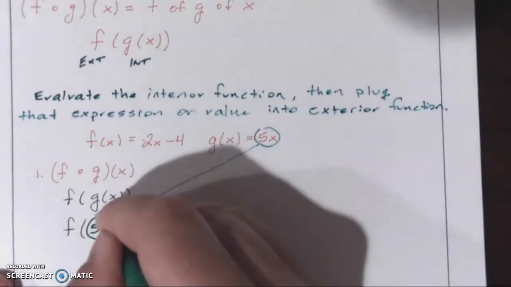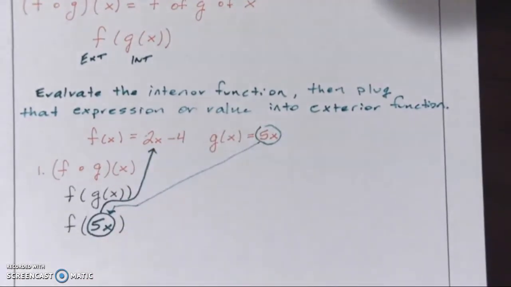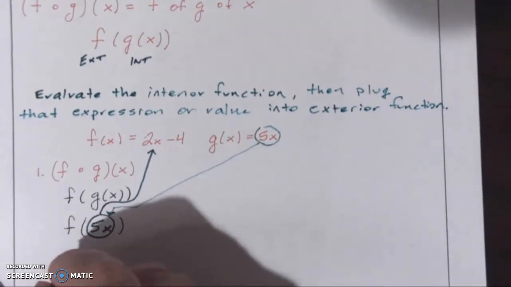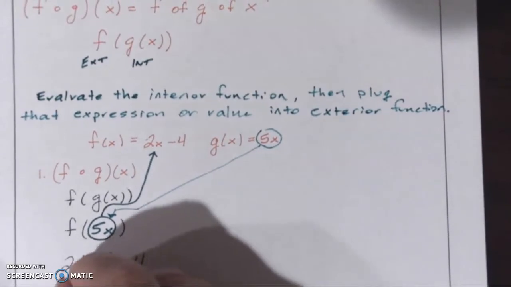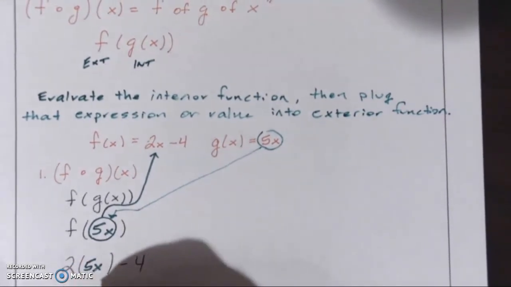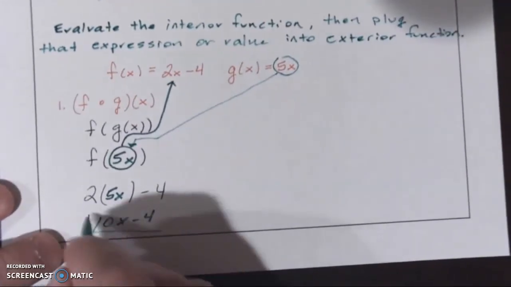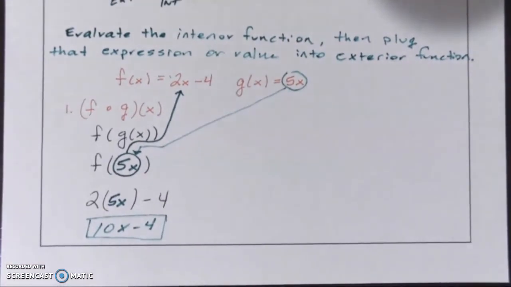So now we can take this and substitute it right in there. Here comes our final simplifying. F of g of x would be equal to 10x minus 4.